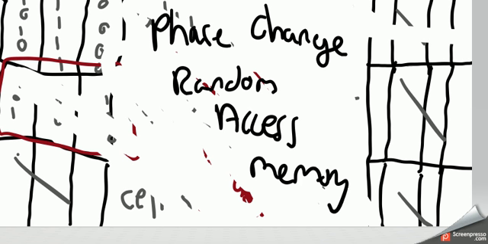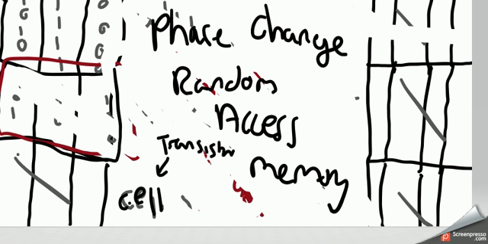So recap, what you need to know is that it has no moving parts, that it has circuits consisting of arrays which are memory cells, and each memory cell is literally like a transistor. You need to be aware that the most frequent technology is the NAND.